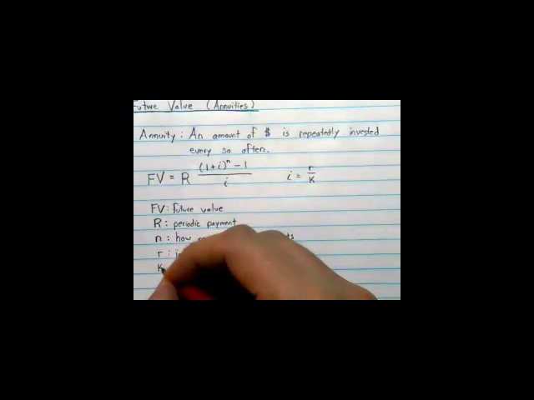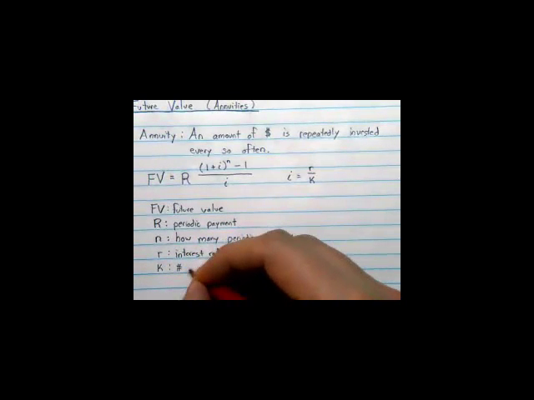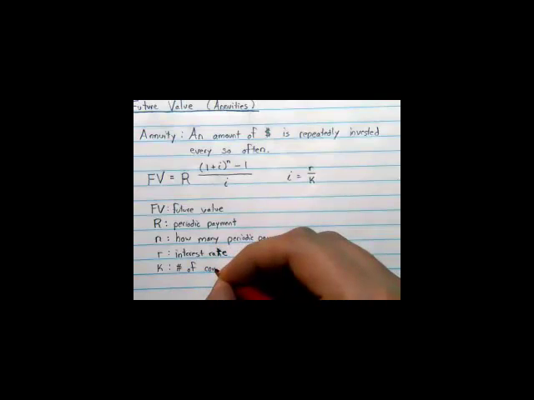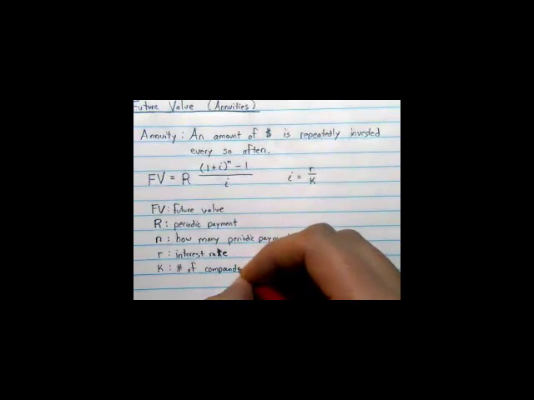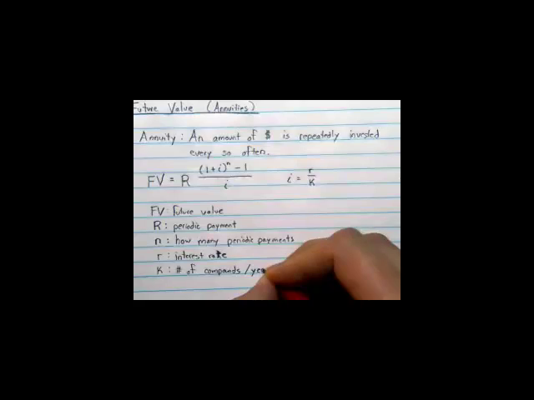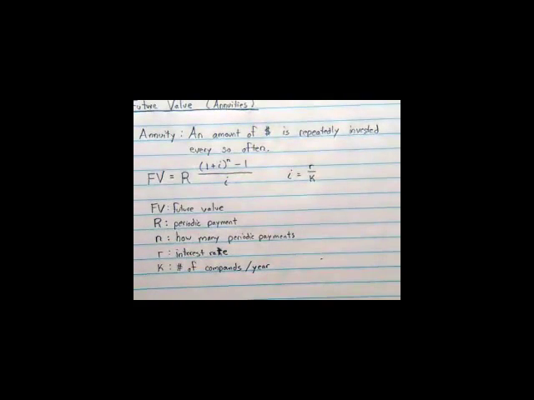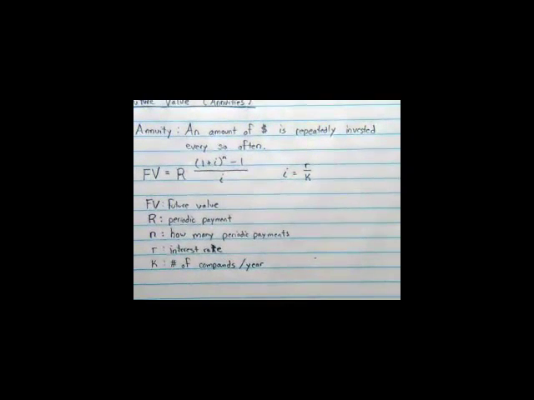And K, number of compounds per year again. So be careful. One easy trap to fall into with this one is instead of using N as how many periodic payments, people use N as just how many years or whatever. You actually have to count the number of payments.